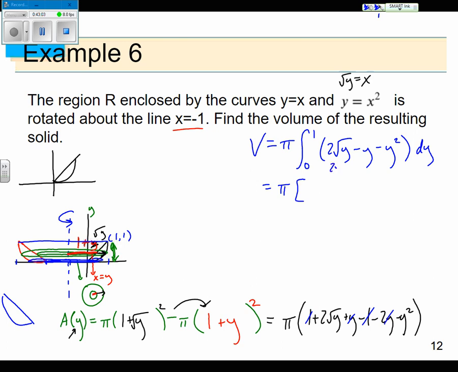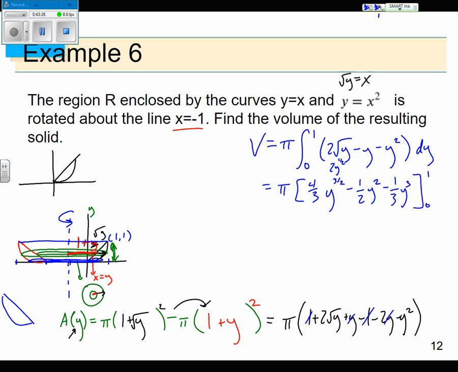See, this is just 2y to the 1/2. So if I raise the exponent by 1, that's going to be 3/2. Divide by 3/2 will give me a 4/3 out in front. A negative 1/2 y squared and a negative 1/3 y cubed.